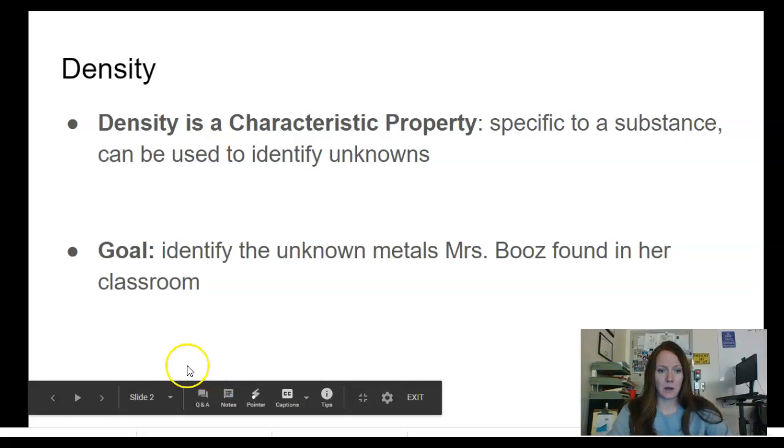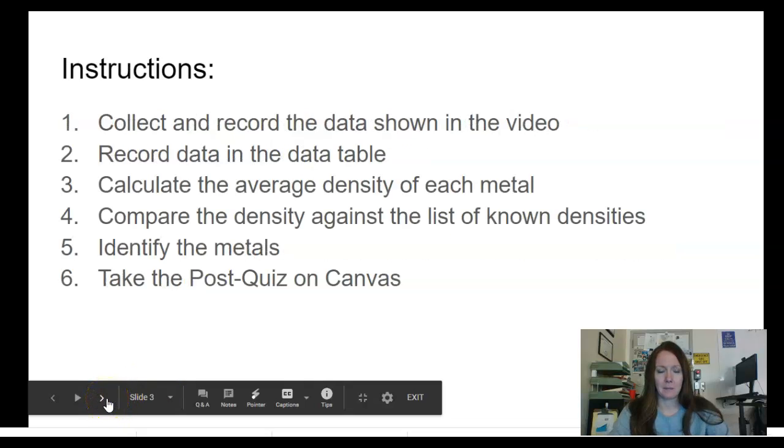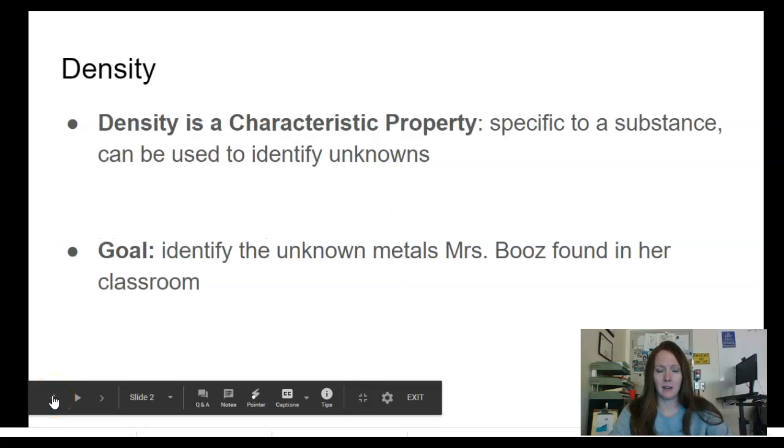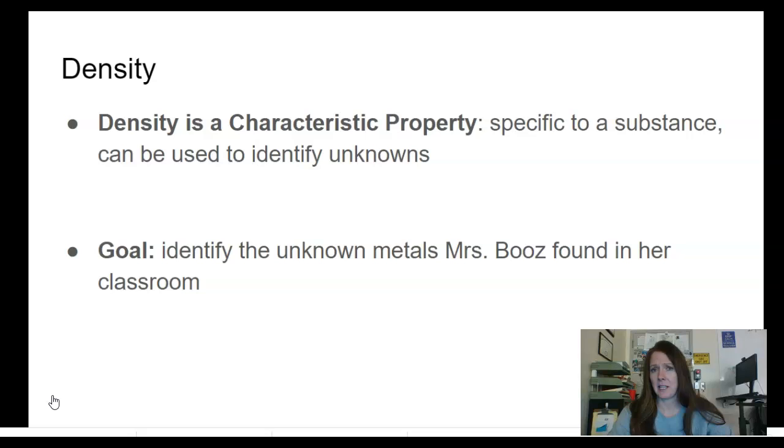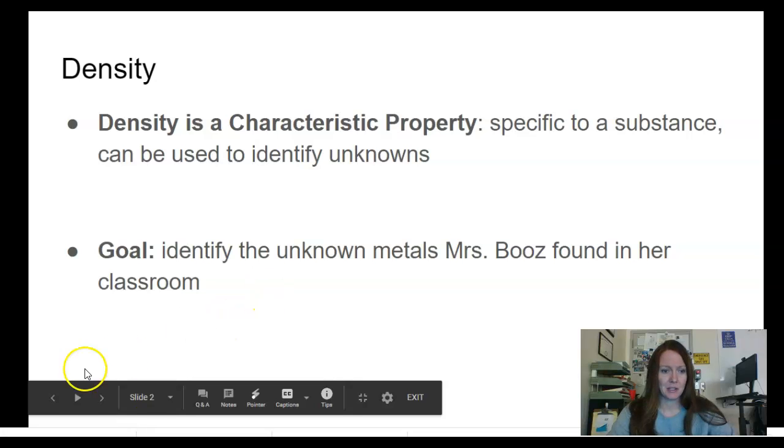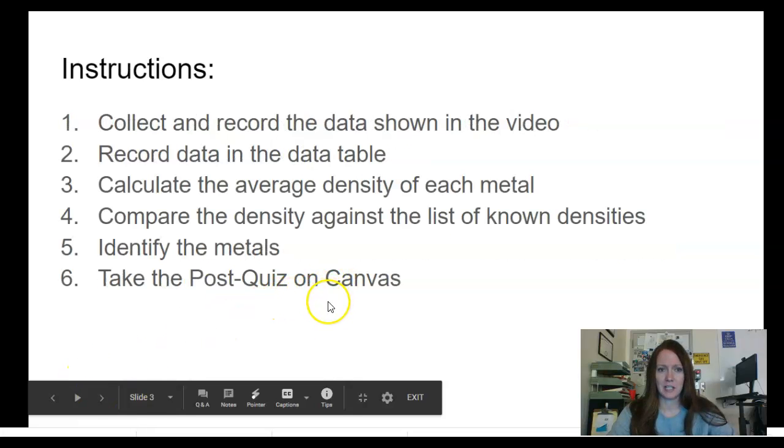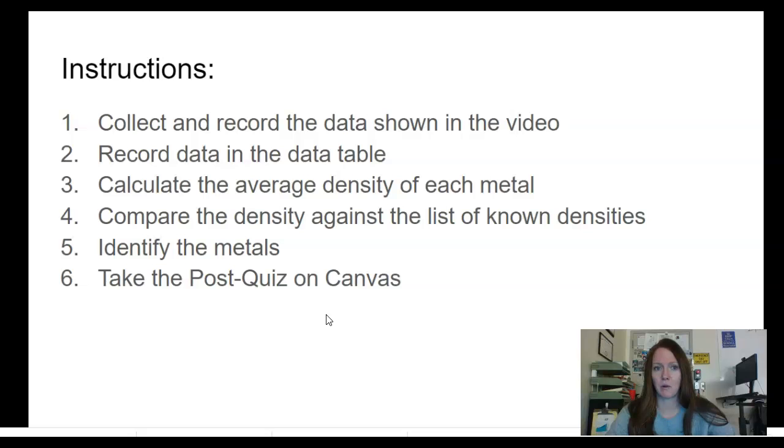So what I did was I collected some data on them and did some calculations. I'm going to see if you guys can back me up and verify my data. So your goal, or your instructions here, are to collect and record the data, record it in the data table, make sure you calculate the average density at the end.